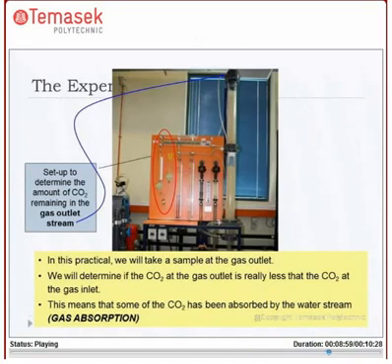We will test for the concentration of carbon dioxide in the gas outlet stream using the setup as shown here. We aim to find that the carbon dioxide at the gas outlet stream is really less than the carbon dioxide at the gas inlet. This will confirm that carbon dioxide has been absorbed by the water stream and gas absorption has been achieved.